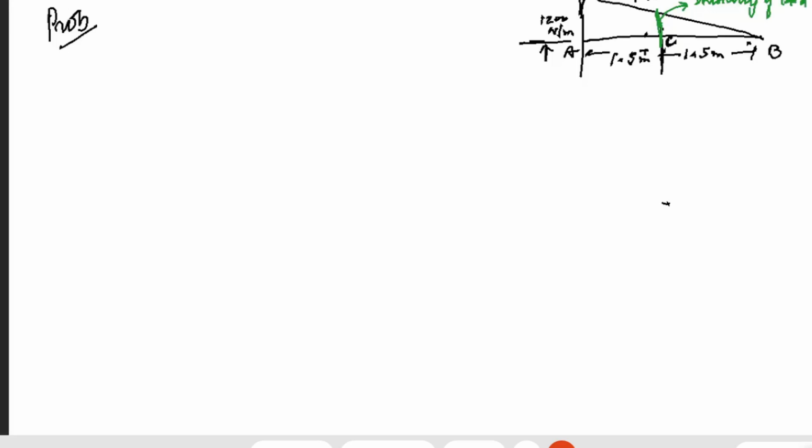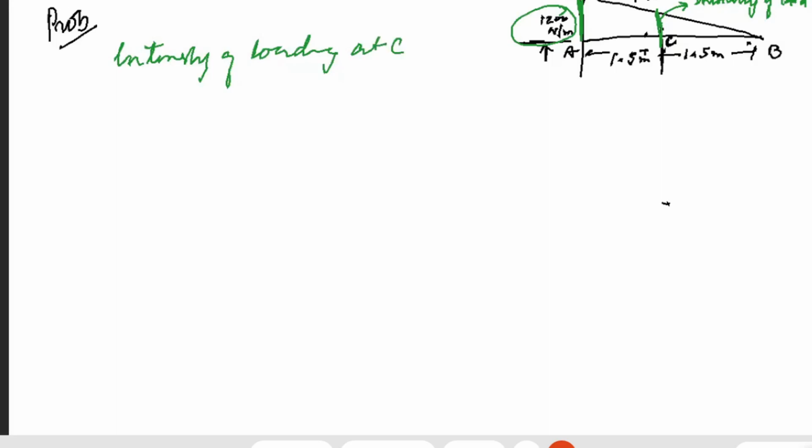Actually, I have the intensity of load on the top end of this triangular uniformly varying load. In order to calculate the moment at point C, I need to know the intensity of loading at point C. I'll do that by simply using similar triangles.